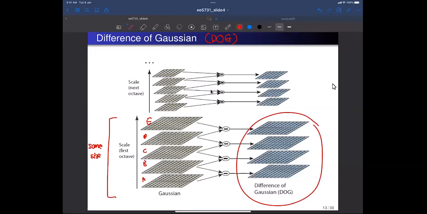If you do this operation, how does the DOG image look? If you have a bit blurred and a bit sharper, you do the minus operation, then what kind of output will you get? It will give you edges, exactly. So DOG is likely to be the same as edge detection.